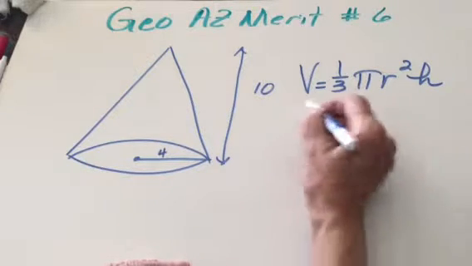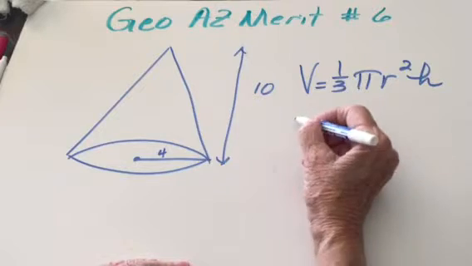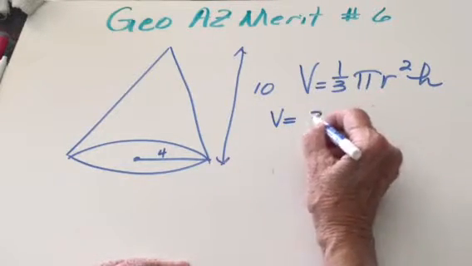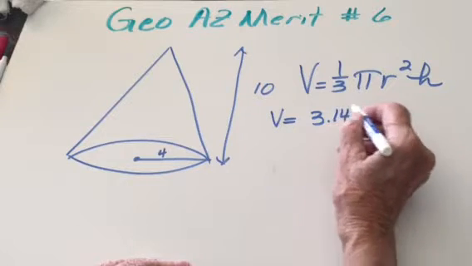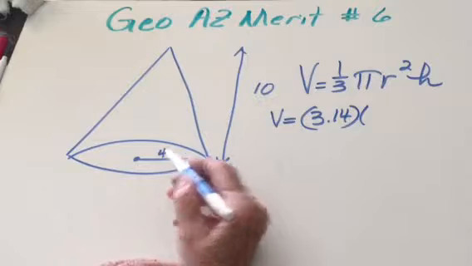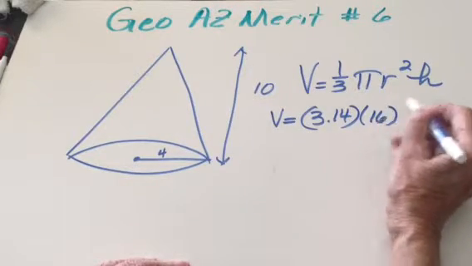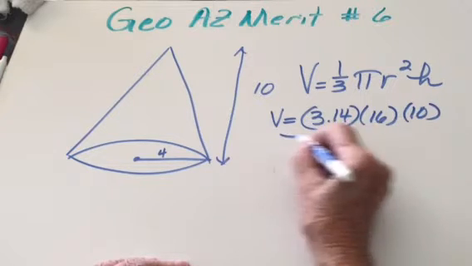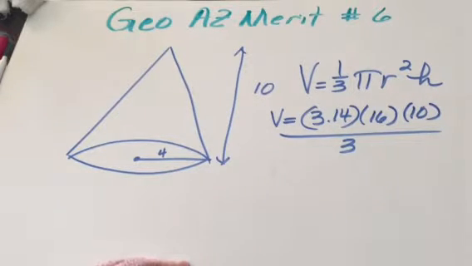Okay, let me show you what that means. So when I'm solving this, V equals 3.14, that's pi, times the radius squared. What's 4 squared? 16. What's the height? 10. And I'm going to divide the whole thing by 3. So that helps you with getting rid of that.